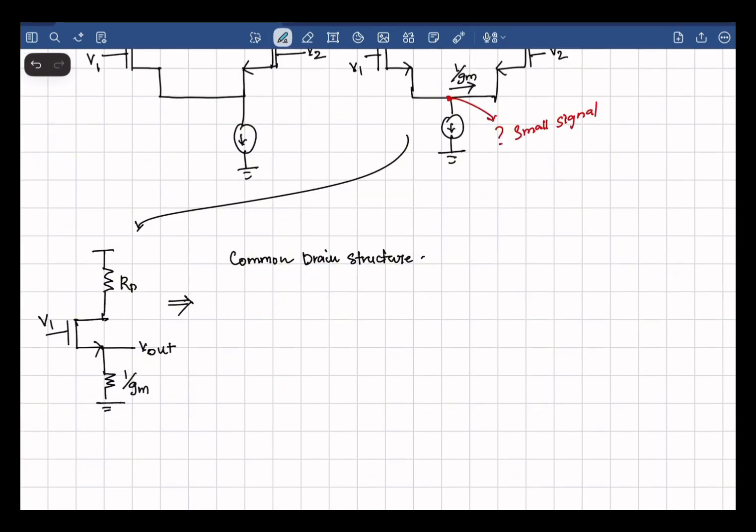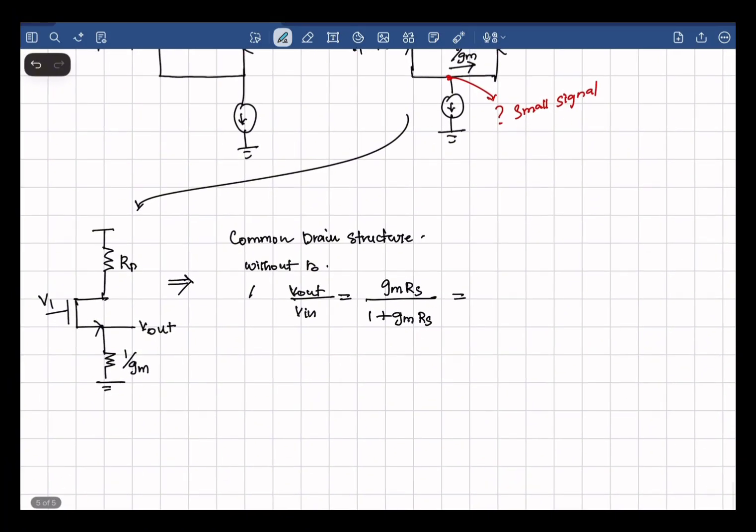To make it simpler, first I'm going to consider it without RO, and V out by V in without RO for a common drain structure is GM RS divided by 1 plus GM RS. I think these are the formulas that it's better to have in your mind. These simple formulas just make things quicker.